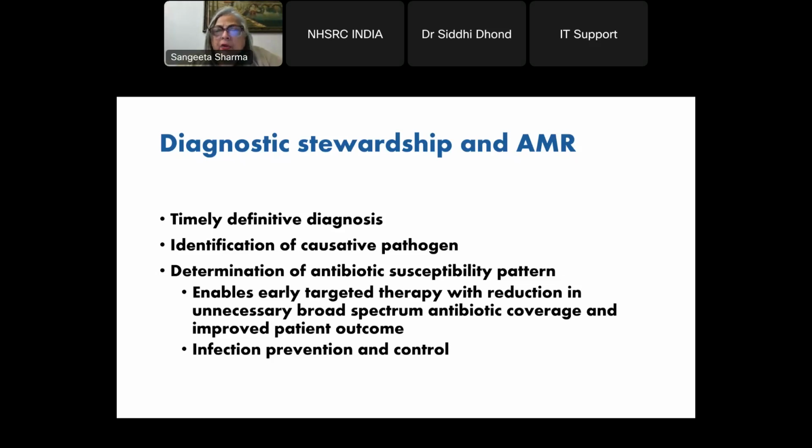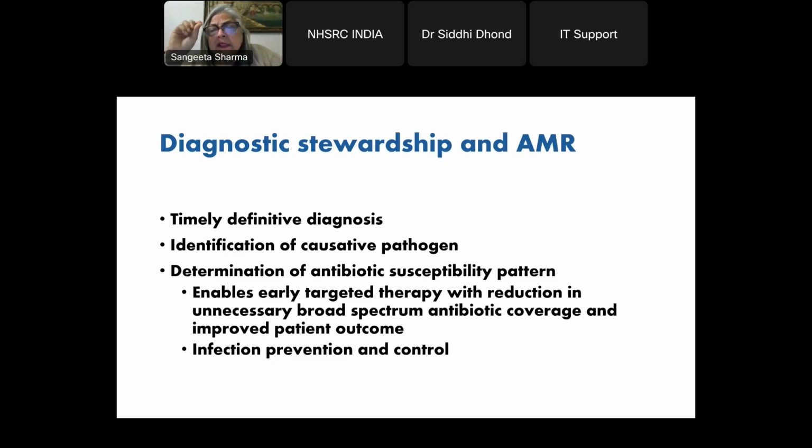You need to narrow it down to narrower spectrum antibiotics. This can happen only if you have identified the pathogen, and if you have done the culture sensitivity before starting the first dose of antibiotics, that is the best time to do it.